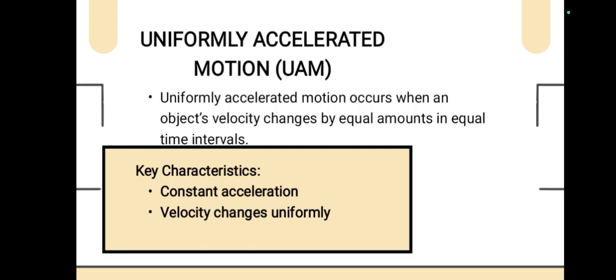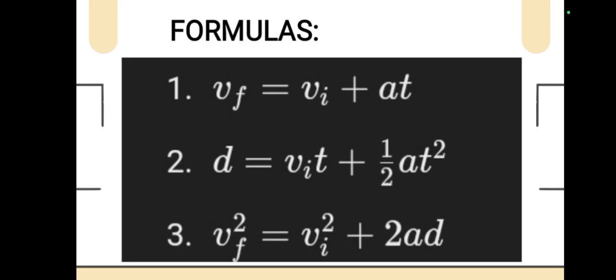Okay, so what are the formulas involved as we solve problems involving uniformly accelerated motion? Now, there are three basic equations that I am going to share that we'll be using in order to solve items related to UAM.